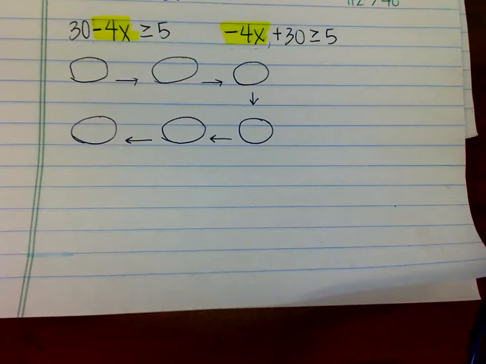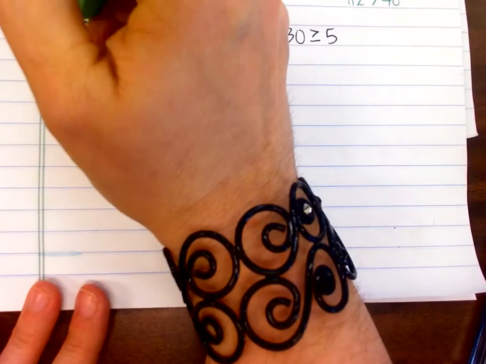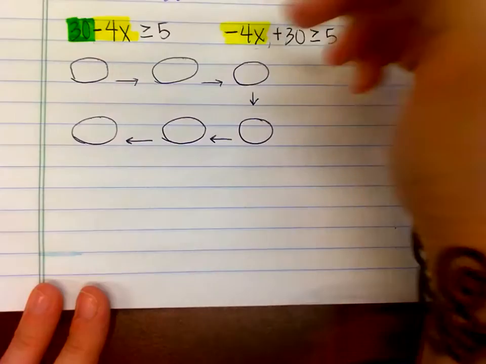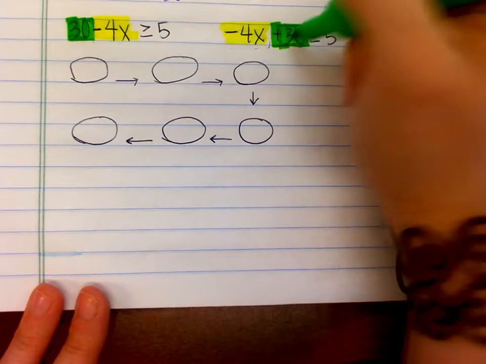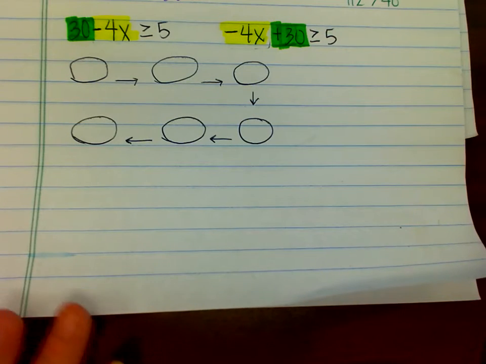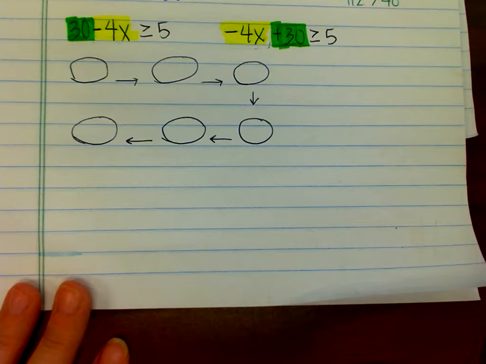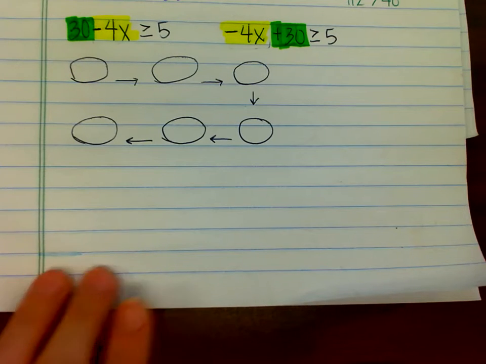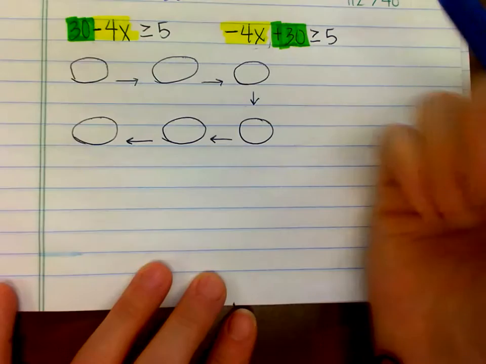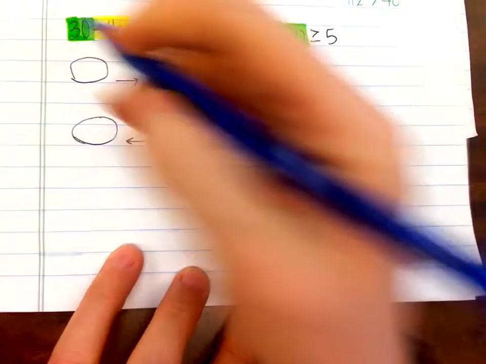And even though it's not marked, we know that this is a positive 30, and this stayed positive 30. So all I did was flip-flop the terms, but nothing changed in the equation except their order. The value did not change.